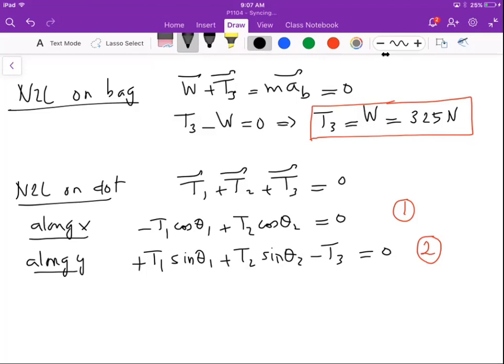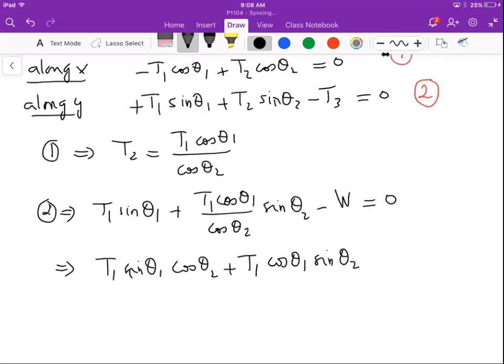minus W equal 0. W is the weight. We know that T3 is equal to the weight. So all we have to do now is to take the same denominator for all. So what do I get? I get T1 sine theta 1 times cosine theta 2 plus T1 cosine theta 1 sine theta 2 minus W cosine theta 2 is equal to 0.